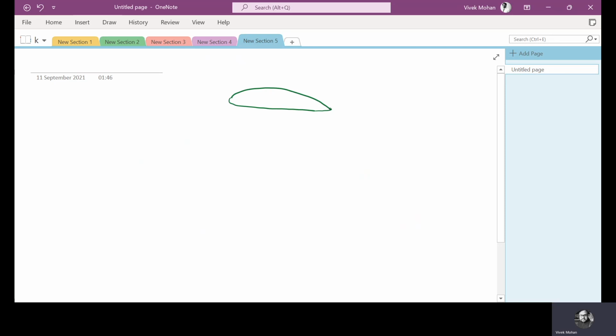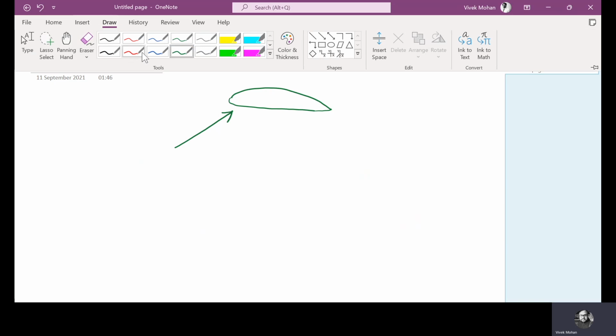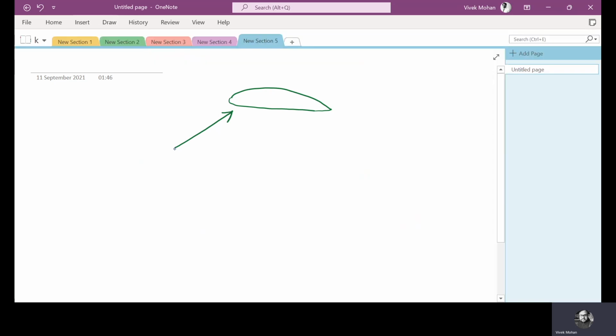Now, the wind is coming like this, suppose. Then, as we have discussed, it can have two different components like this. This is the drag, this is the lift. The lift is what rotates the blade or the turbine.